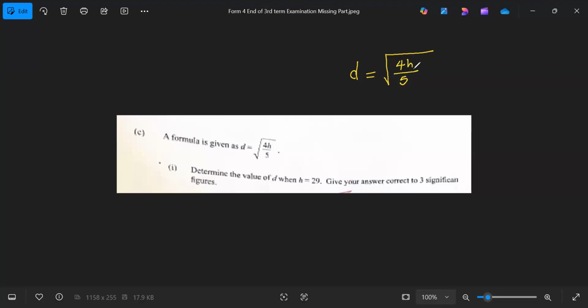All right, so CXE wants to see how good you can use a calculator. I want the answer to 3 significant figures.